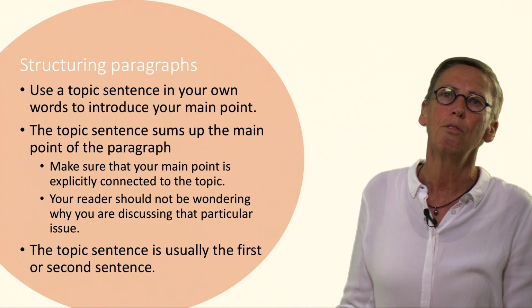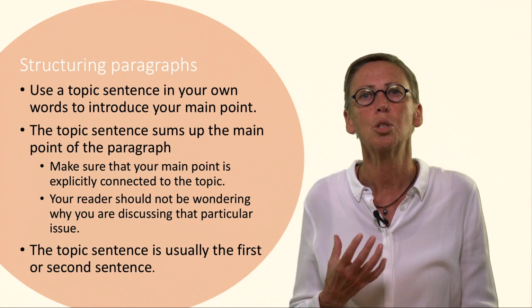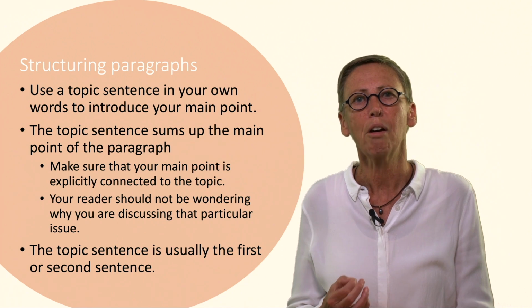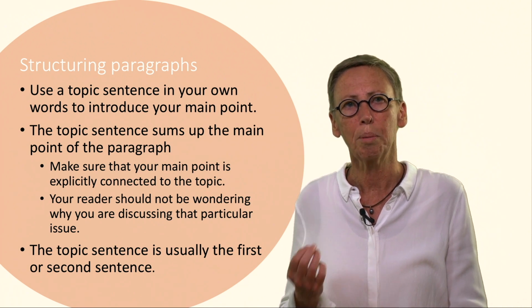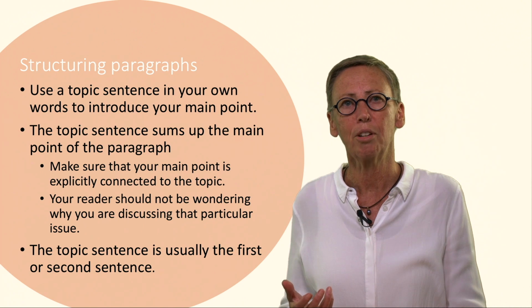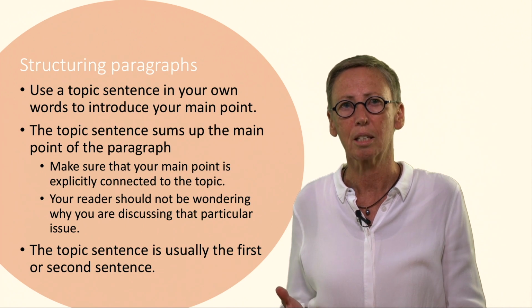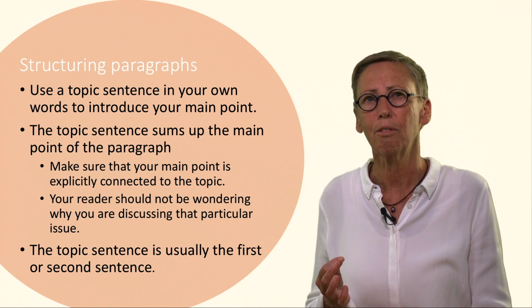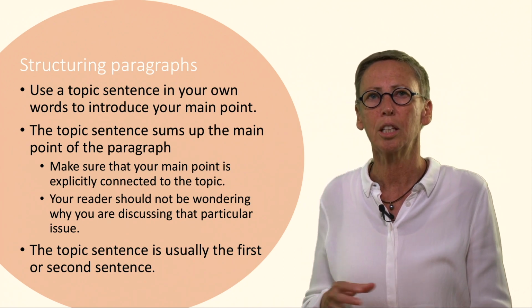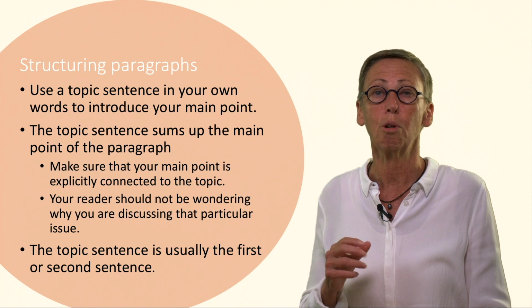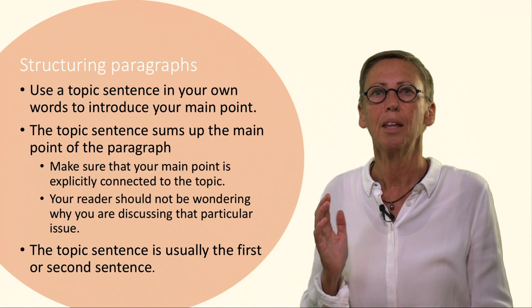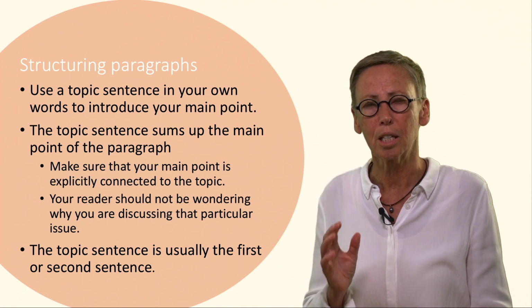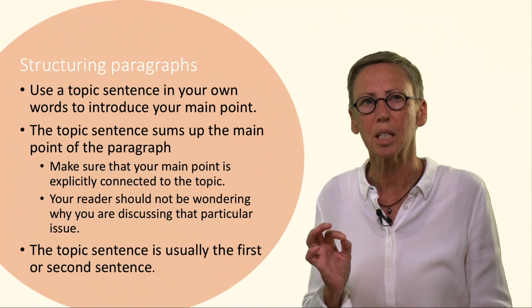So in formulating our writing, we use paragraphs. A paragraph is made up of a topic sentence, supporting evidence, and a concluding sentence. So here, when you're looking at your paragraph, it's good to design this out and make a concept map of what your assignment's about. And then look at each paragraph and say, okay, what's my topic sentence?